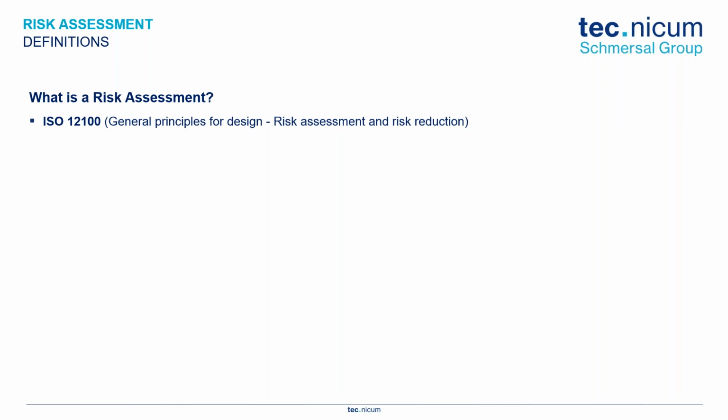So if you have a sister site in China or Europe or South America, and of course here in the States, these international standards kind of cover everyone to a certain degree, right? But ISO 12100, the full title is General Principles for Design, Risk Assessment, and Risk Reduction. So immediately we see that, okay, this standard deals with exactly what we're looking at today, right? Risk assessment.